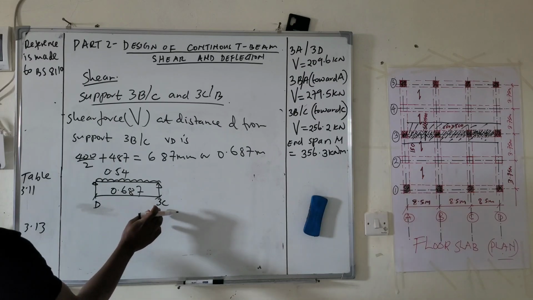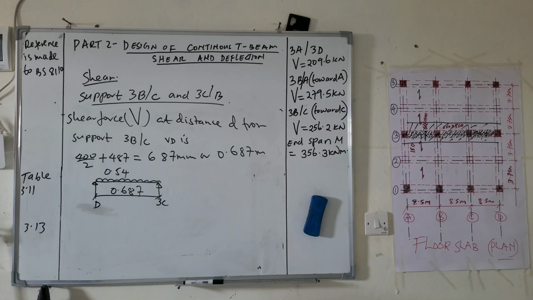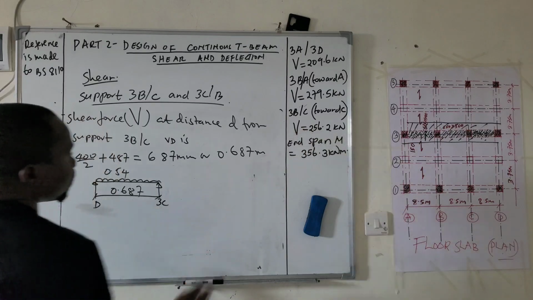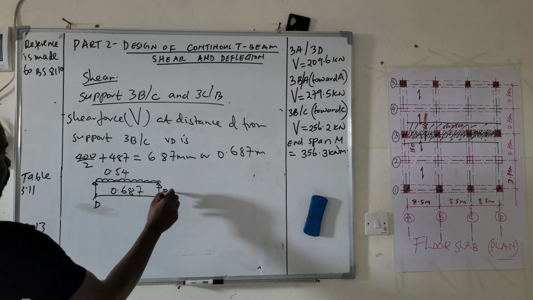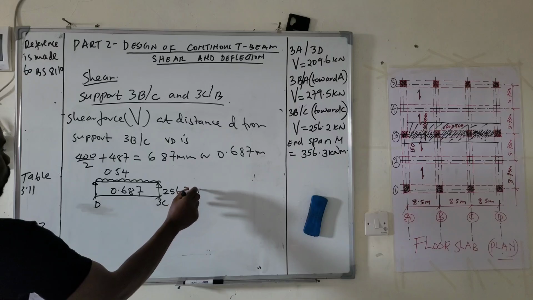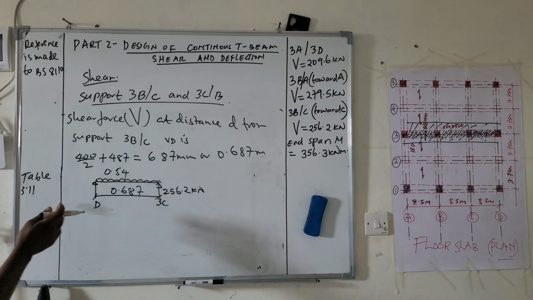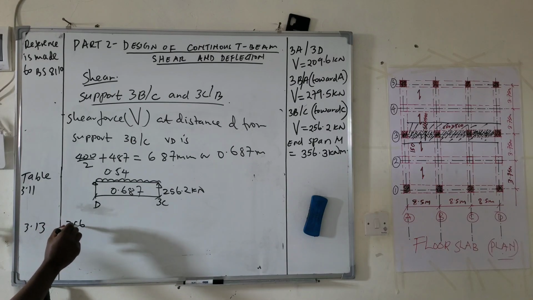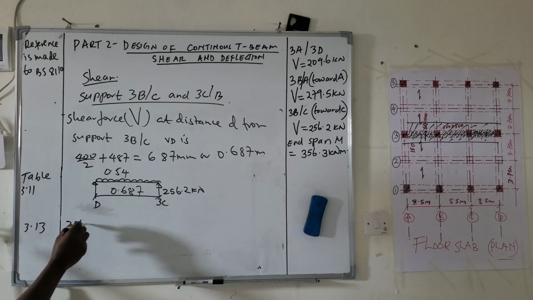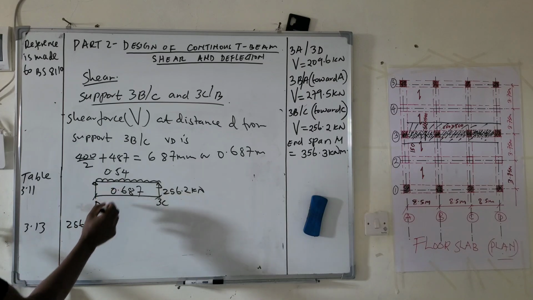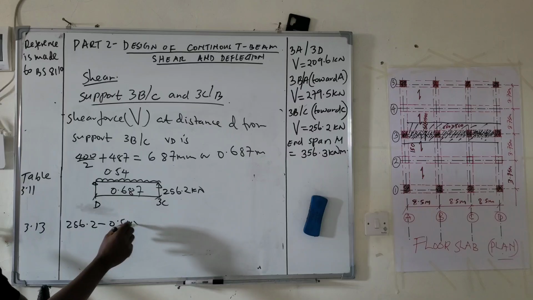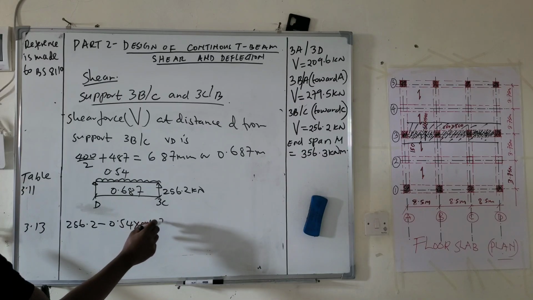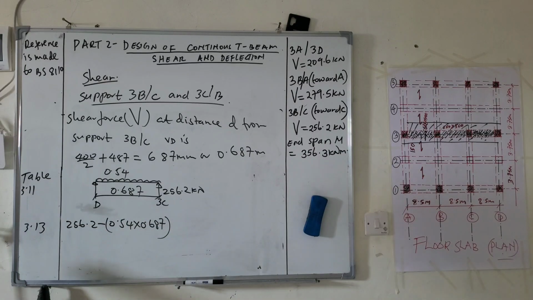And here at 3C, we have the V, which is 256.2 kilonewton. So it will be easy to obtain the shear force at d. So at d is going to be 256.2 minus 0.54 times 0.687, like that.